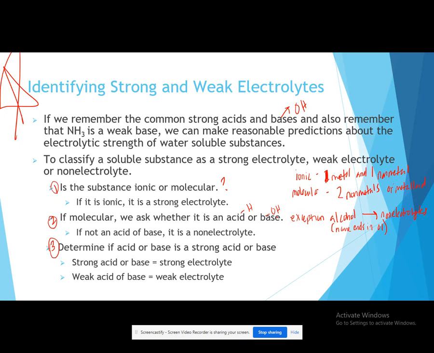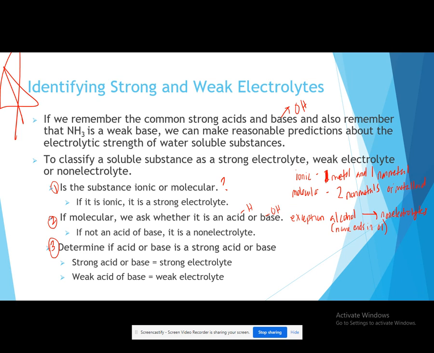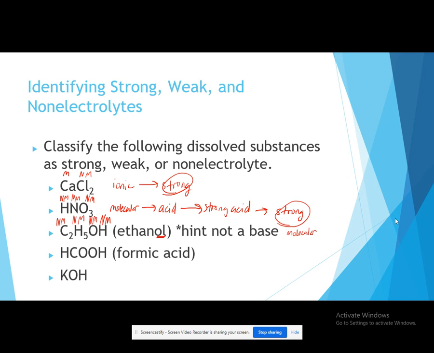Well, it ends in OH, but wait, there's an exception. Alcohols. Does its name end in ol? Ethanol. Well, it does. So if the name ends in ol, it's automatically a non-electrolyte. So you can write it ends in ol, it's a non-electrolyte.